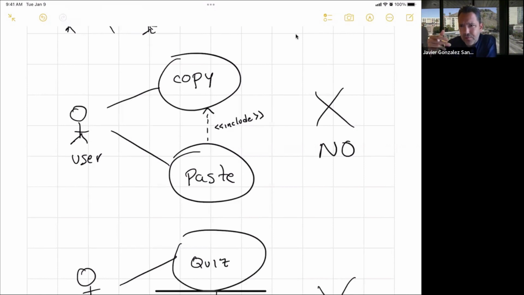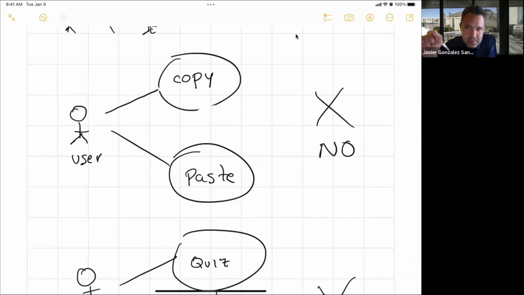I think the answer for both are yes. Why? Because there are two different services, two different functionalities, two different things that the system is going to do. It is not true that one is inside of the other. It is not true that they happen together. Moreover, both are called by the user. The user is the one that called this, and the user is the one that called this.